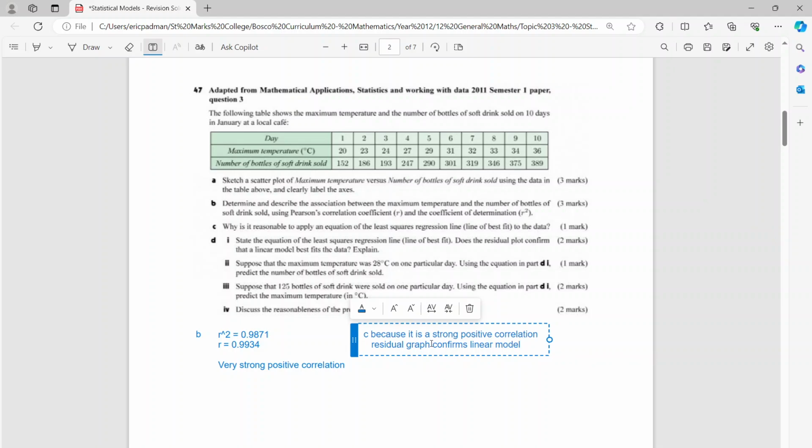Okay, so I haven't done it yet. I might have to change that answer in a minute if I'm wrong. Okay, state the equation of the least squares regression line.